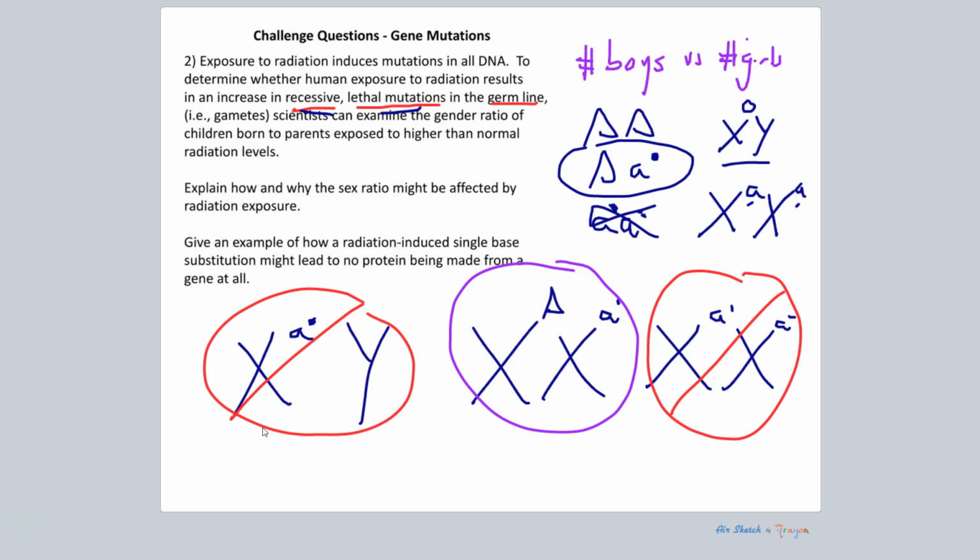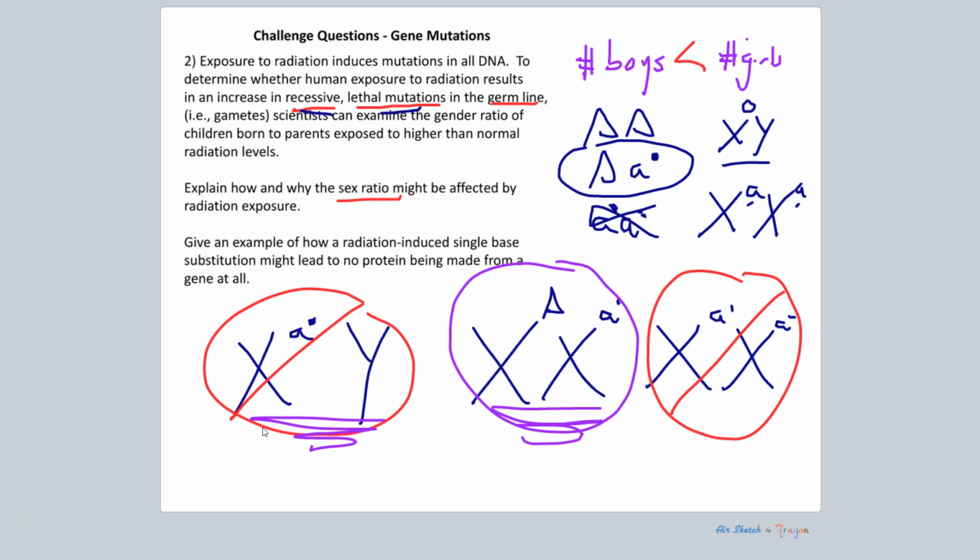So since we can have daughters born who have a recessive allele but survive, but we cannot have any sons born who have a recessive allele and survive, in this case, the number of girls born in the next generation will be significantly higher than the number of boys born, giving us a change in the sex ratio.